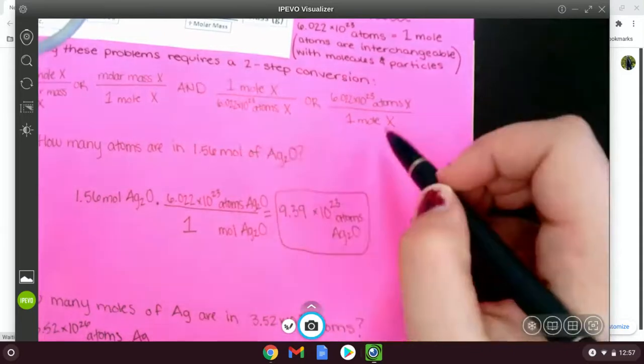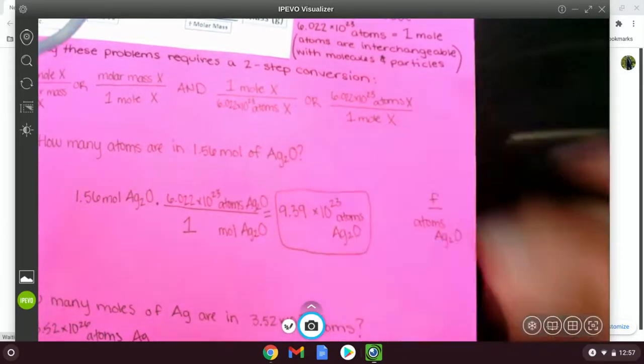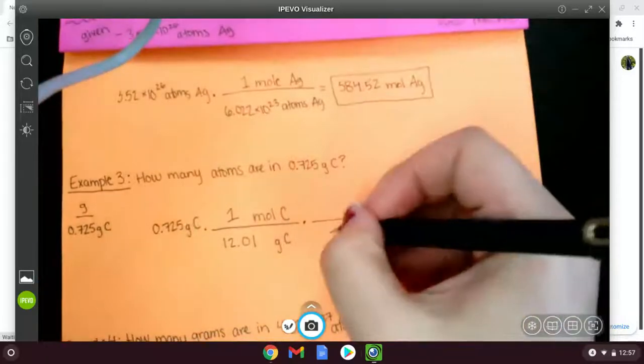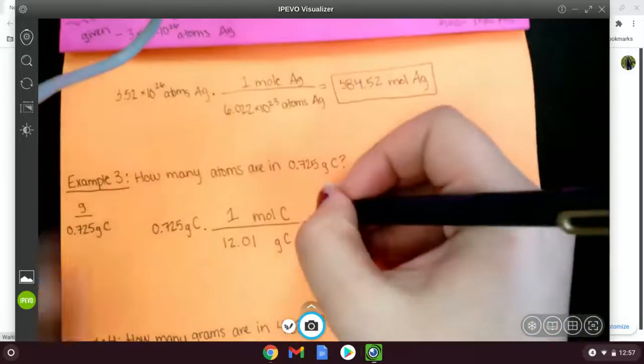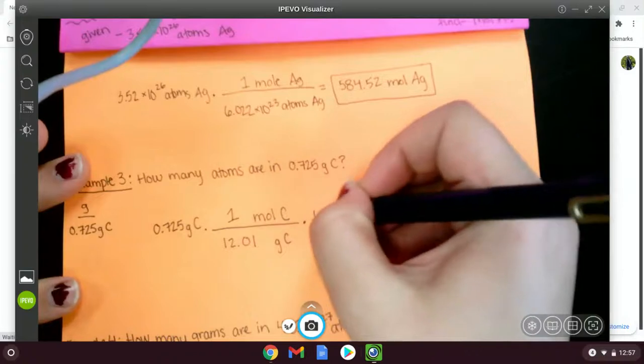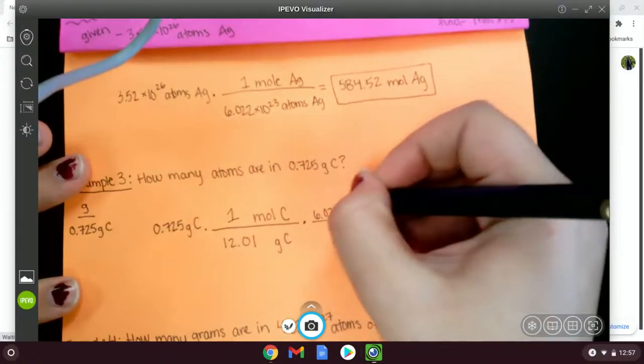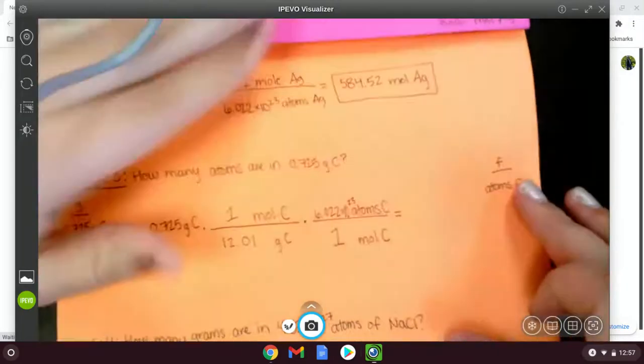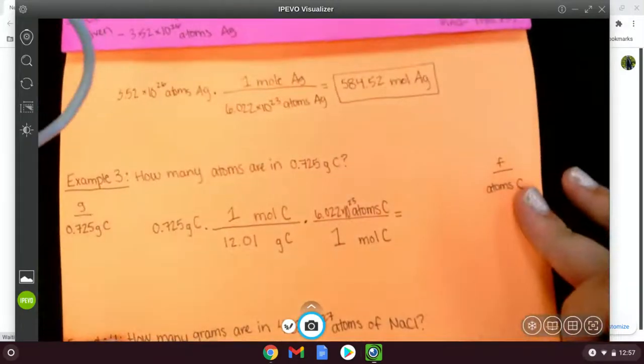That doesn't match? But this one does, so we'll use that one. I'm going to plug in 1 for my mole and 6.022 times 10 to the 23rd for my atoms. So it's set up. All we need to do is calculate now.